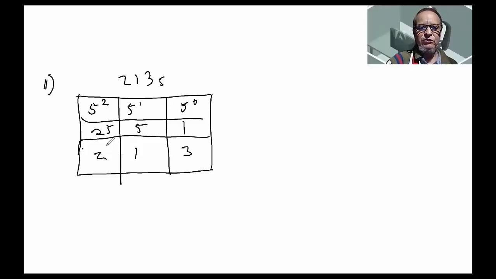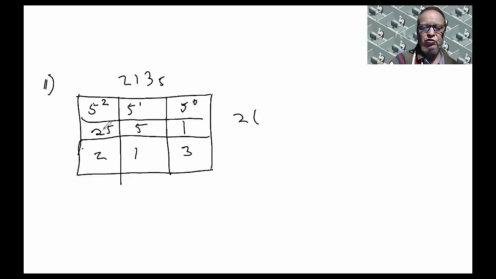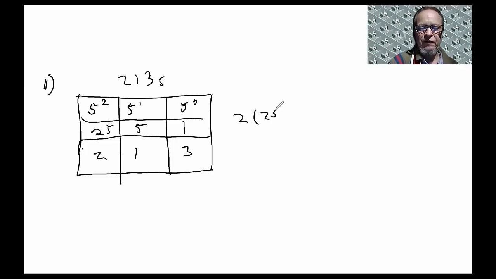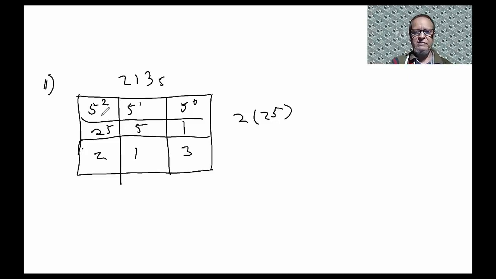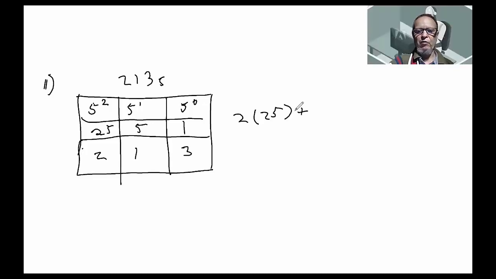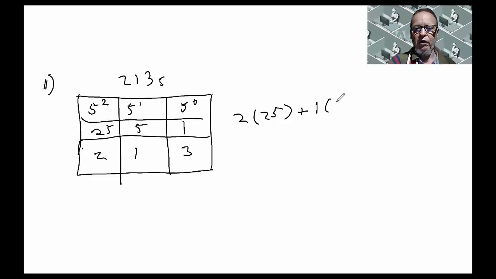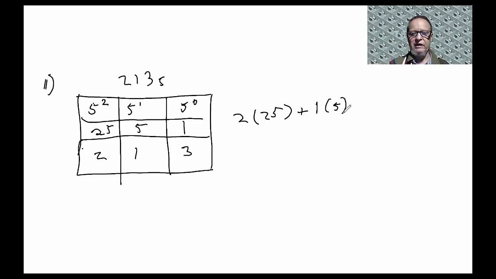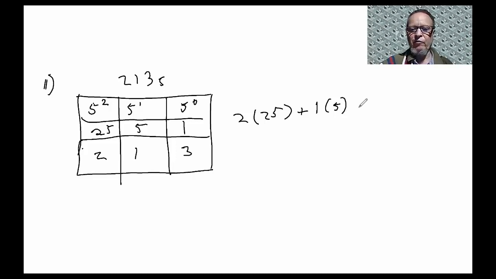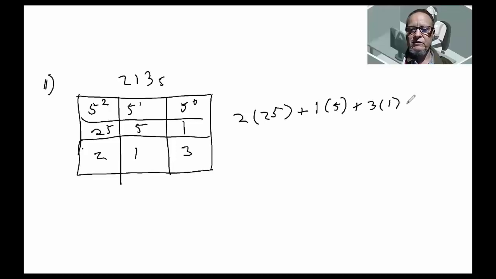Then I am going to take 2 and multiply that by 25, because that's what that represents in our base 10. Plus, now I have 1 rod, which is represented by 5 in our base 10. And then I have 3 1s.